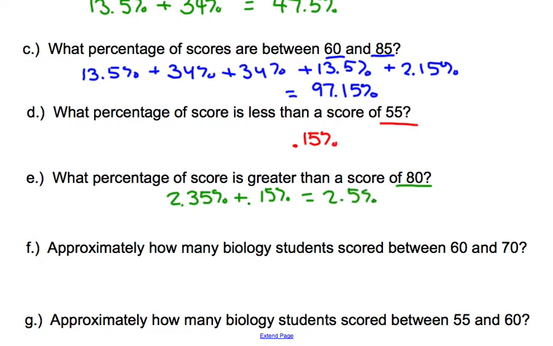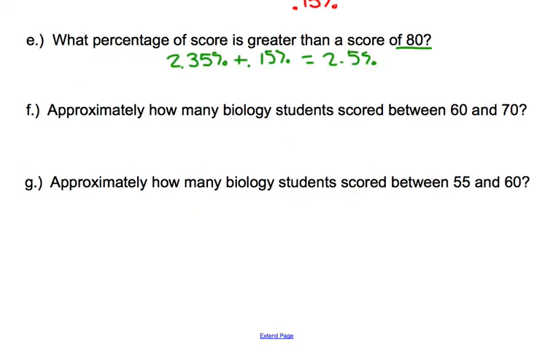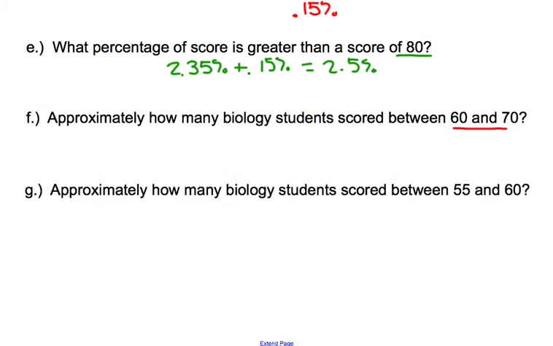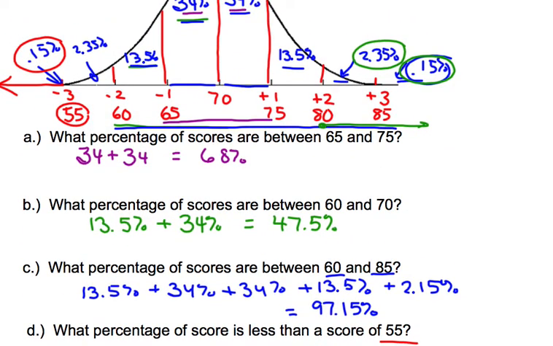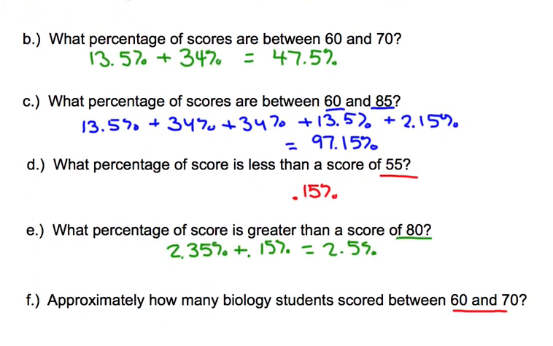All right, now we're going to figure out how many approximate biology students score between 60 and 70. So we're looking at how many students. So we have to figure out the percentage first. So between 60 and 70, there was 13.5% and 34% of the group that fell between those two scores.